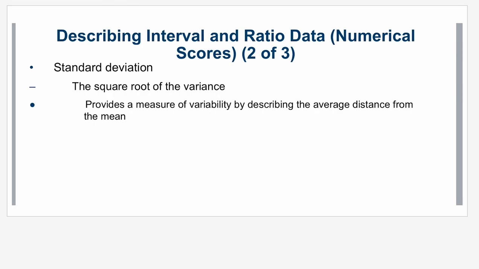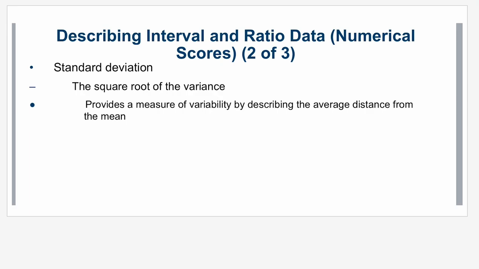If they're really, really spread out around the mean, or if they're really, really close to the mean, it helps show that. As a general rule, just to give you an idea of what standard deviation means, roughly 70% of scores will fall within one standard deviation, usually, of the mean.